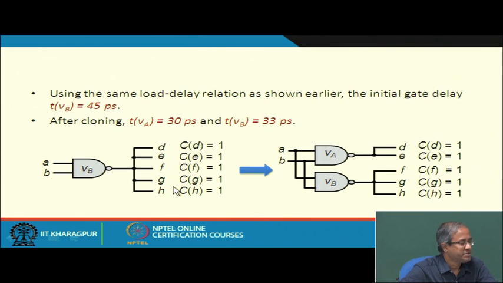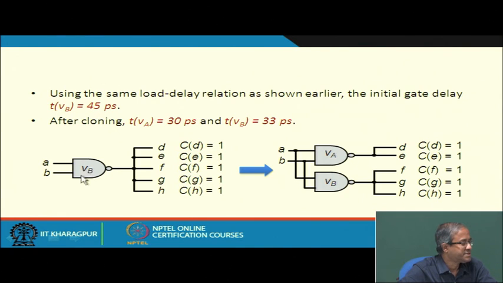Okay, so let us take an example. We will use the same delay, capacitance delay model that was shown earlier. So we take an example like this, where I have a NAND gate which is driving 5 fan out connections with a total load capacitance of 5.